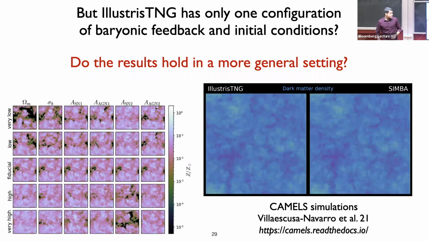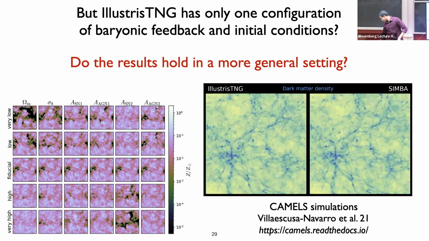So here we used simulations done by people at CCA and at the university, where they have run a lot of hydrodynamic simulations for different cosmology and baryonic physics parameters. For example, omega matter, sigma 8, and then some parameters related to the kinetic mode feedback of supernovae, AGN, or the momentum mode feedback of these quantities.